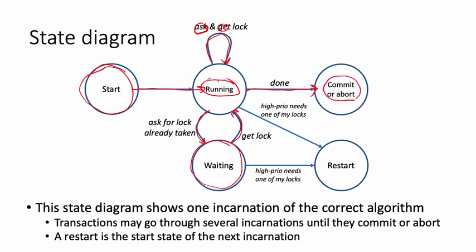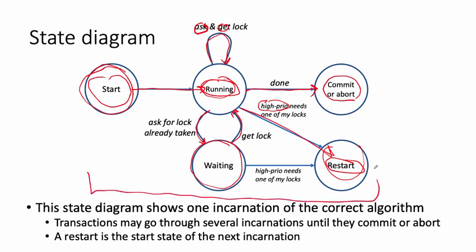Now, while the transaction is running, maybe high priority needs one of my locks. Bad. So I have to restart. So a restart is like a start state again. This is called an incarnation of the transaction of the algorithm, and a transaction may go through several incarnations until they finally commit or abort.